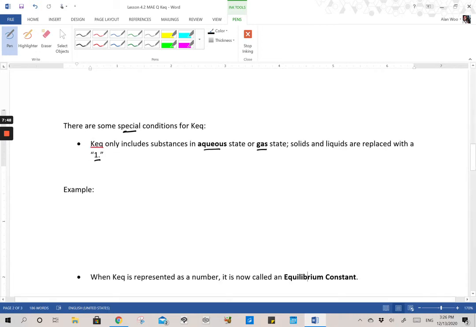So let's go with Pb(NO3)2. Okay, this is a substance that's in aqueous solution, and we're going to add potassium iodide, which is KI. It too is an aqueous solution. Okay, since we're talking about equilibrium, we're going to have to use the double arrows.